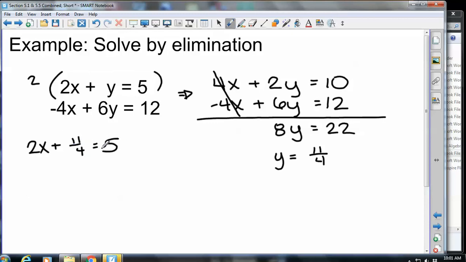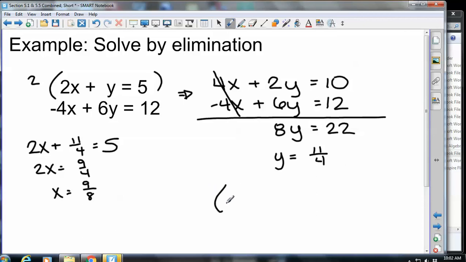I don't care if you use fractions or decimals as long as your answer is exact. So if it comes out to be 0.3 repeating, don't just call that 0.3. Go ahead and write that one as 1/3. But if it's 0.75, I don't care which one you do. You have 2x equals 9/4. So x is 9/8 or 1.125.